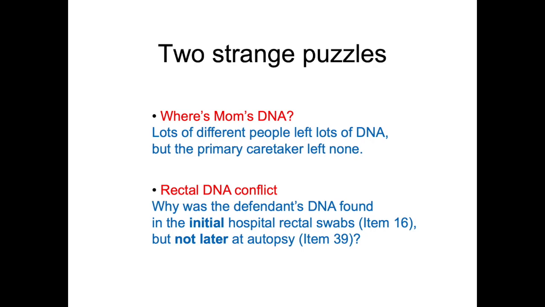Lots of different people left lots of DNA, but the primary caretaker left none. Secondly, there's a conflict between the two rectal DNA results. Why was the defendant's DNA found in the initial hospital rectal swabs, but not later at the autopsy?